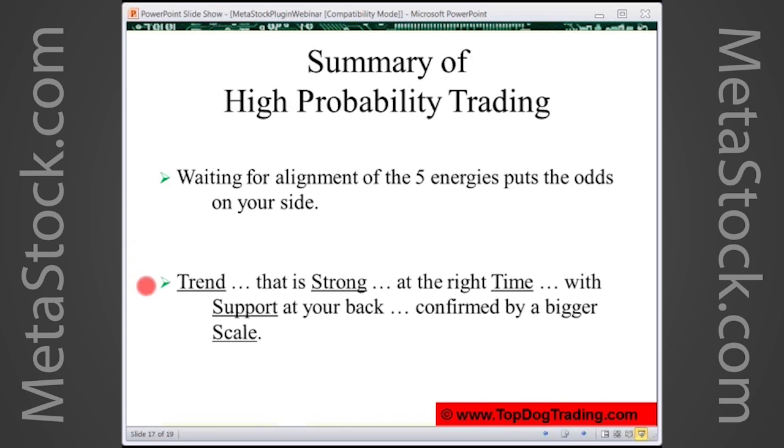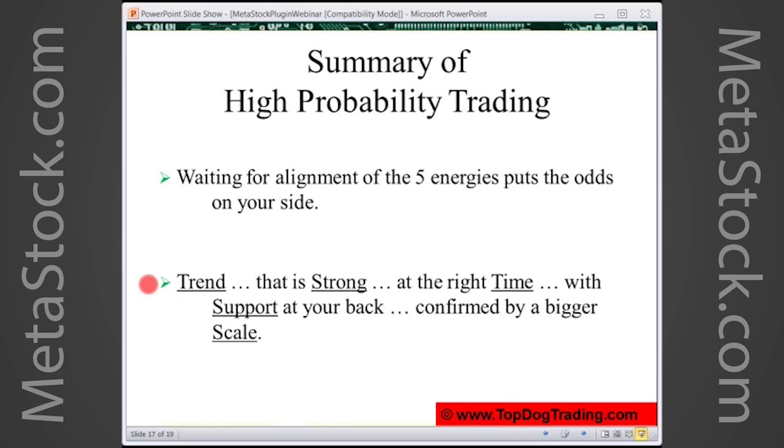Okay, here's my trading method. It takes one sentence. We're looking for a trend. We always do it in this order, remember, to keep our mind orderly. Look for a trend, looking to go long or short. Is it strong? Is there momentum behind it? By the way, if there is not momentum behind it, doesn't mean I can't take a trade. I might actually fade the trend, go the other way.